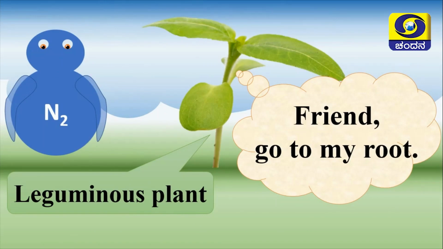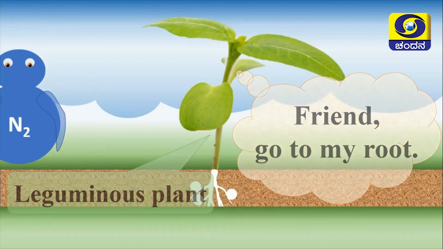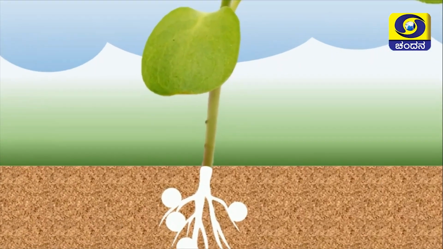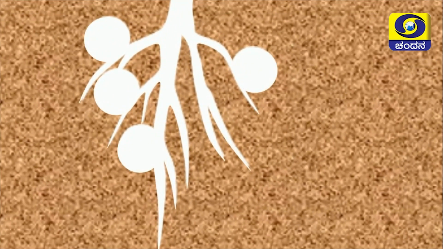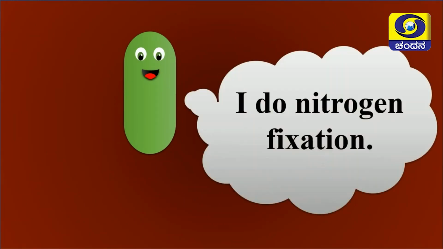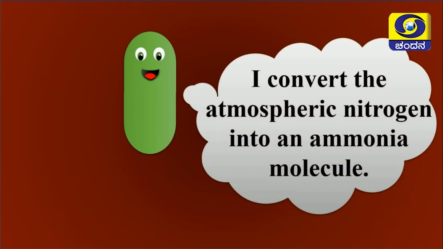Friend, go near my root. Rhizobium takes shelter in root nodules of leguminous plants. They absorb atmospheric nitrogen. I am Rhizobium bacteria. I do nitrogen fixation. I convert the atmospheric nitrogen into an ammonia molecule.